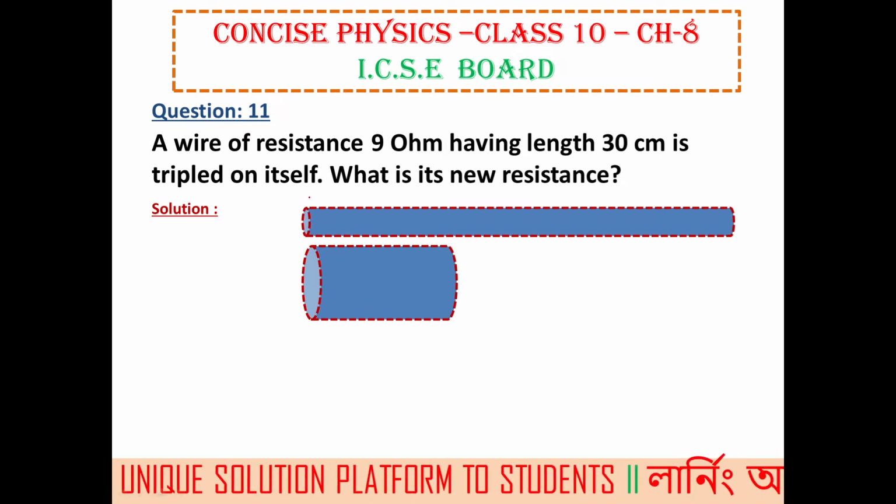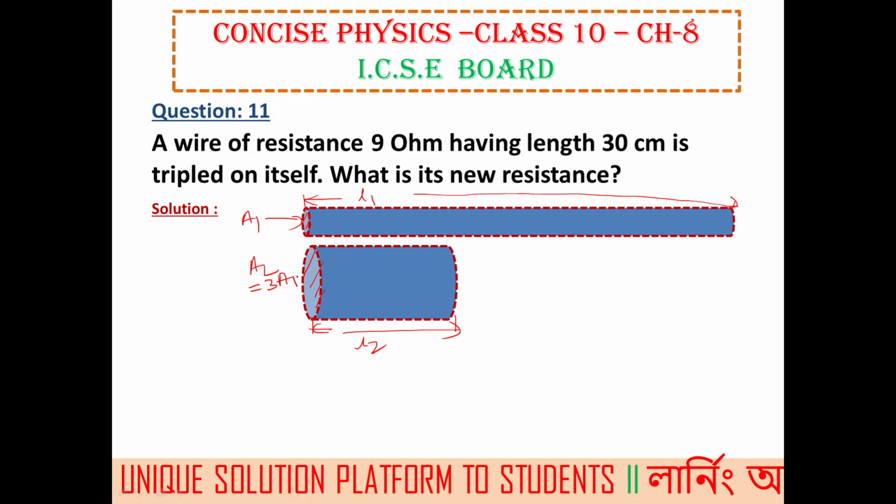See, initially the length of the wire is L1, so finally it becomes L2. If the cross section area is A1 and this is A2, as per the question A2 will be 3A1 because it has been tripled, not stretched.